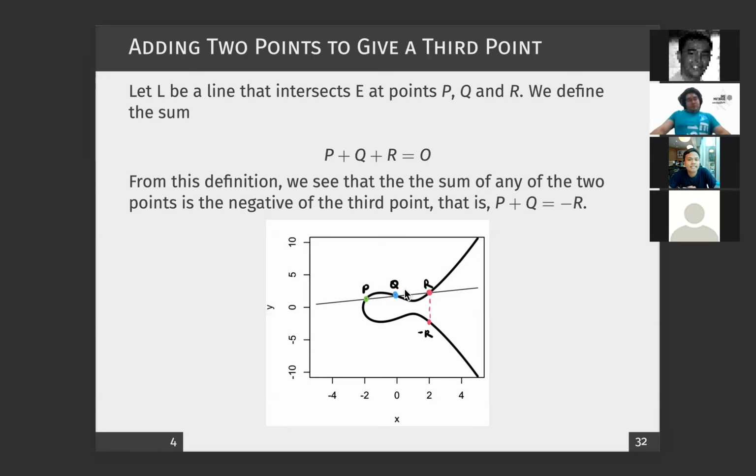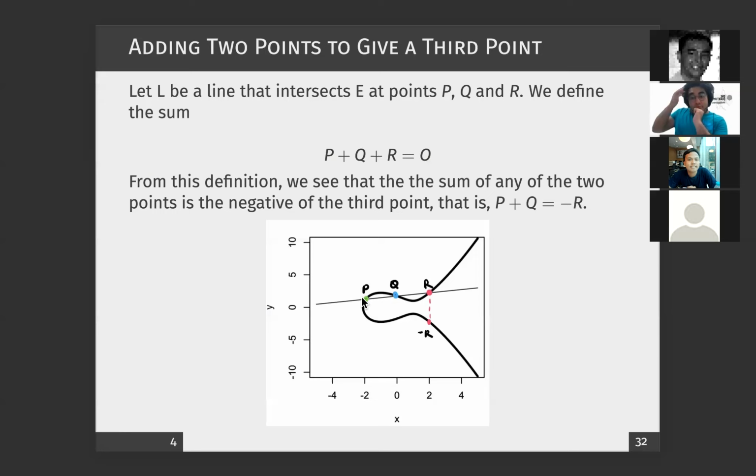By definition, P plus Q plus R is equal to 0, where 0 here is what is known as the point at infinity. This is a mathematical definition. We are actually creating an algebra over the set of points in an elliptic curve.